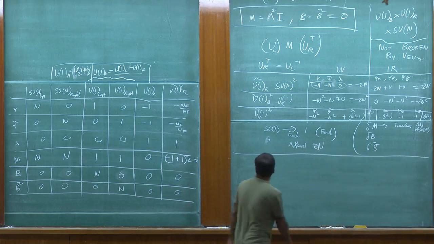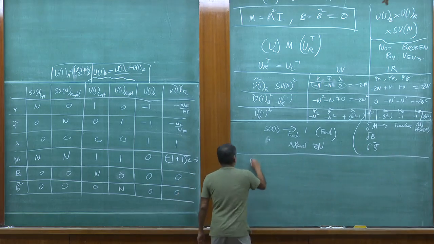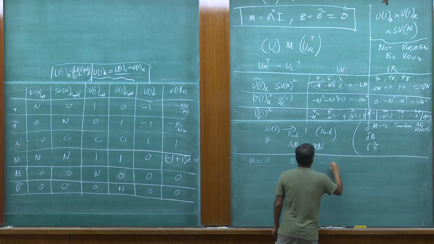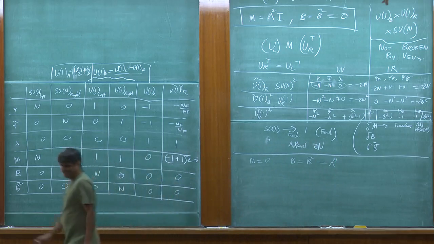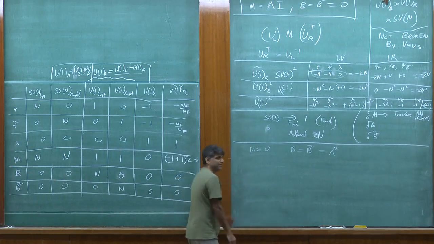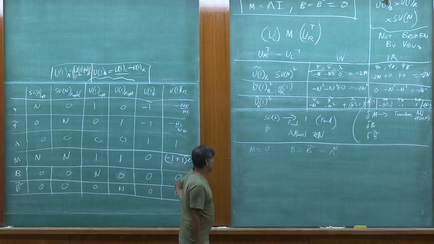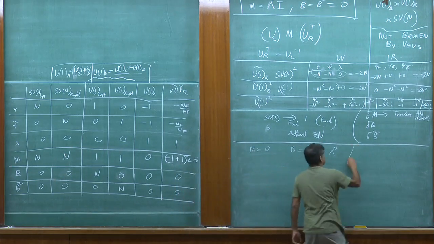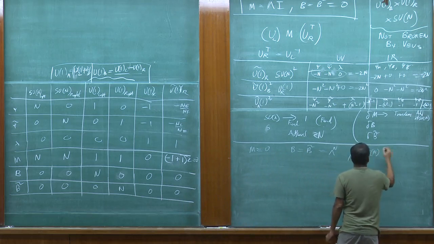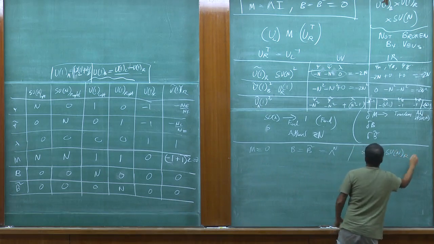Fine. Let's now try the point where m is equal to 0, b is equal to b tilde is equal to lambda to the power n. Now you see what is preserved here. We have SU(n) left times SU(n) right preserved.